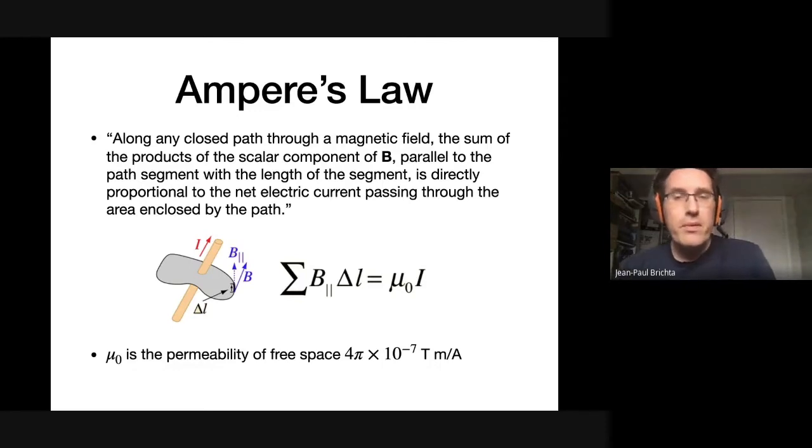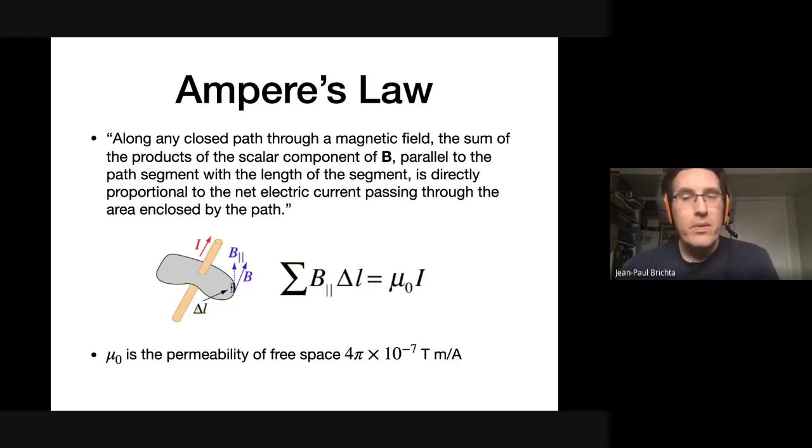So that mu zero symbol there on the right-hand side is actually known as the permeability of free space, and it has a special value. It's just like a regular constant, similar to the K in Coulomb's law, for example. But in this case, it's equal to 4 pi times 10 to the negative 7 Tesla meters per ampere. Okay, so meter, of course, is the unit of distance.